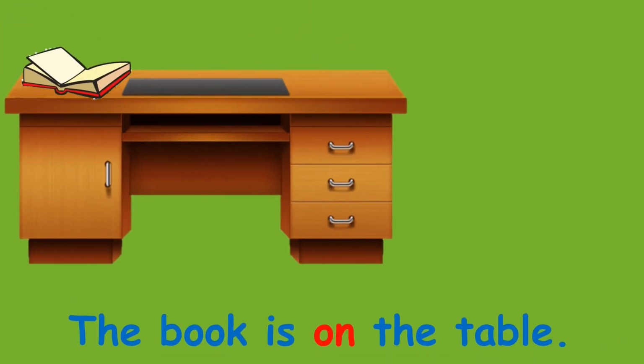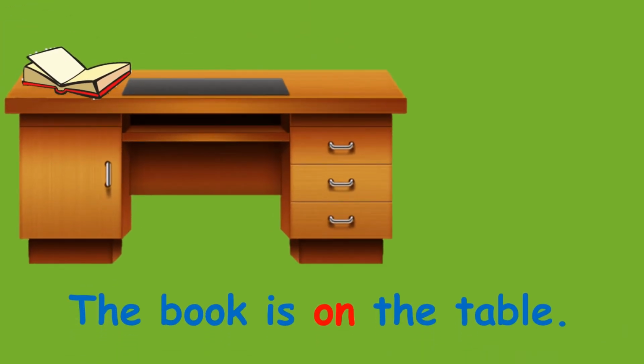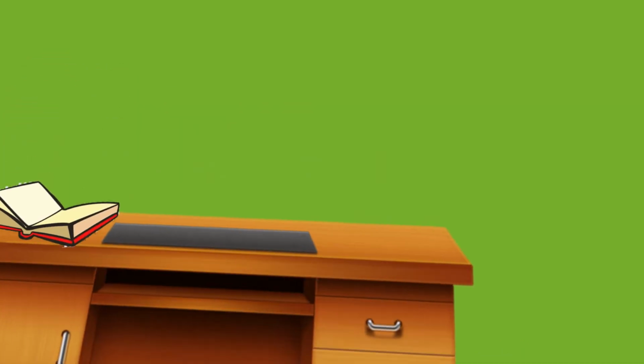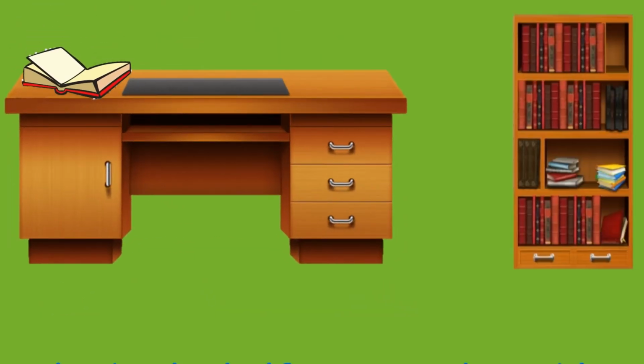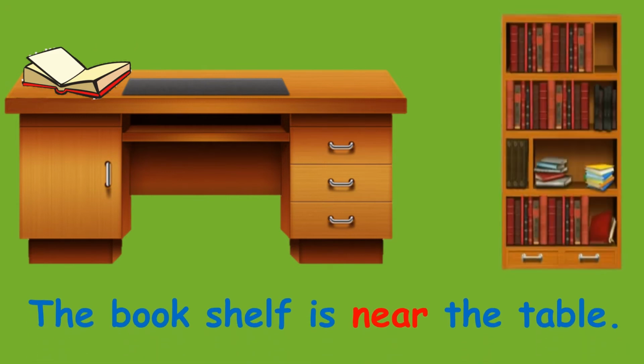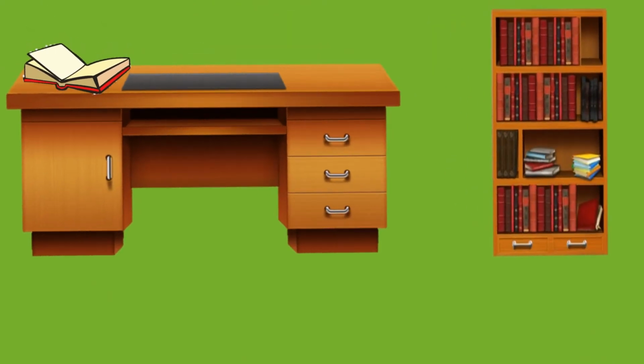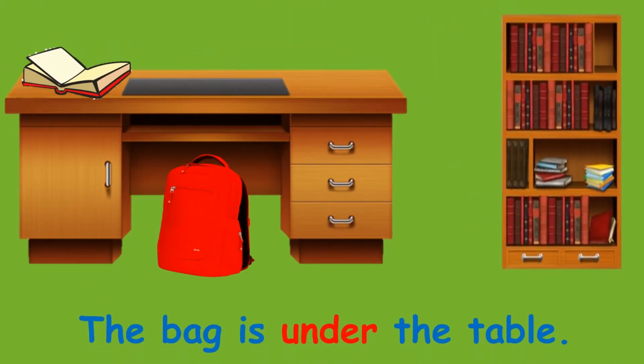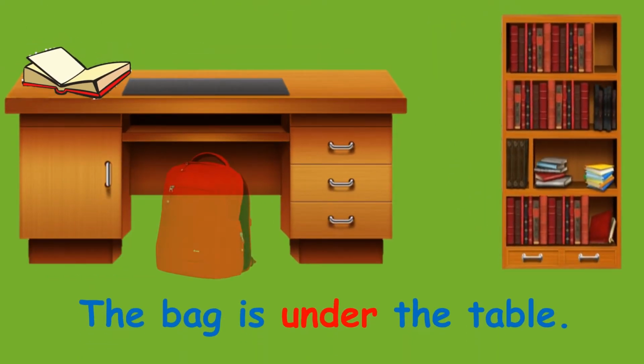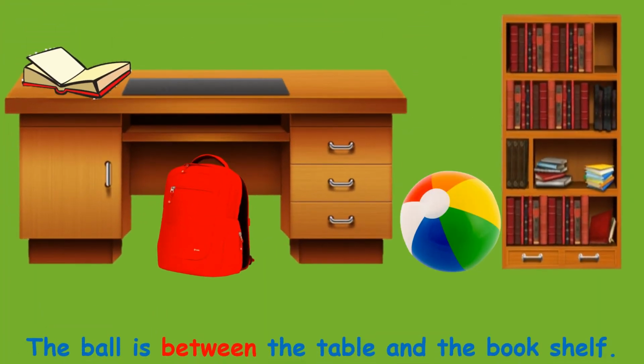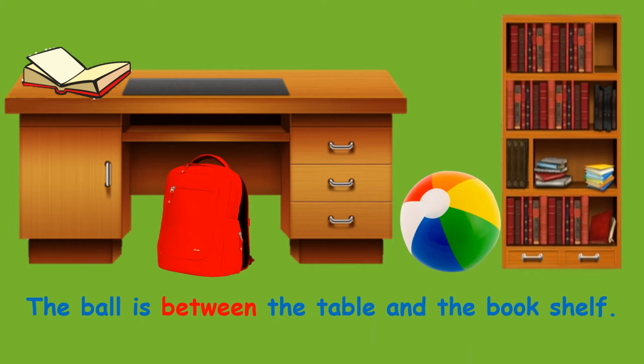For example, the book is on the table. The bookshelf is near the table. The bag is under the table. The ball is between the table and the bookshelf.